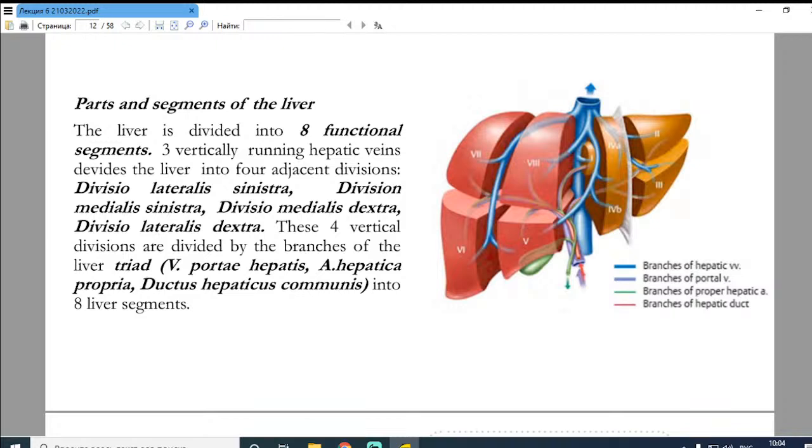These four vertical divisions are divided by branches of the liver triad: vena porta hepatis, arteria hepatica propria, ductus hepaticus communis.